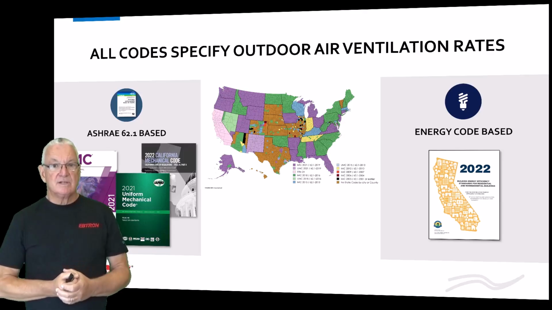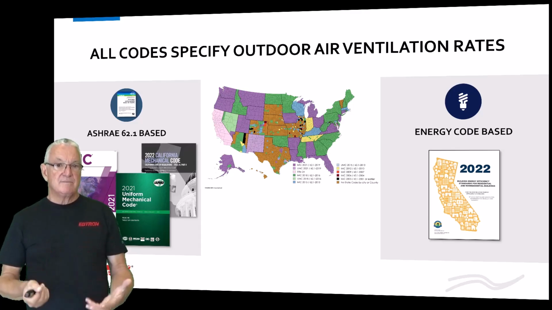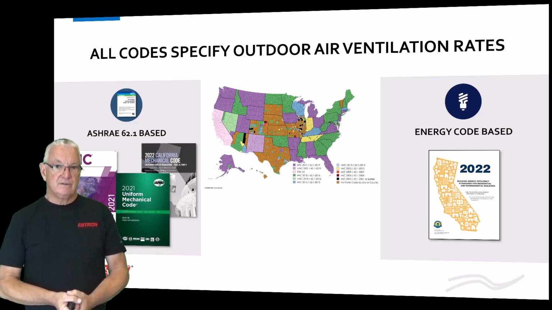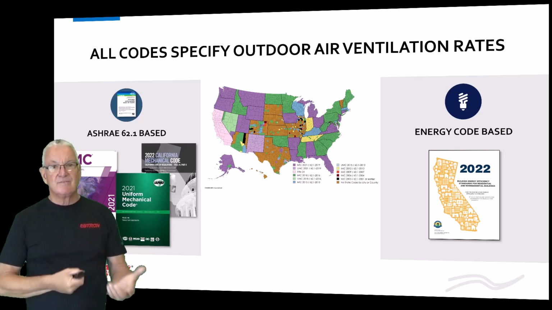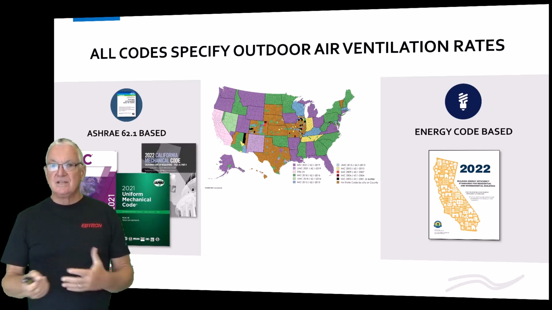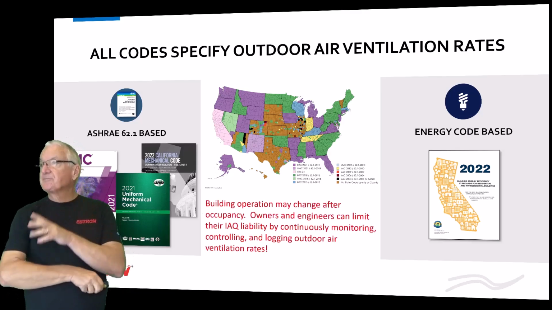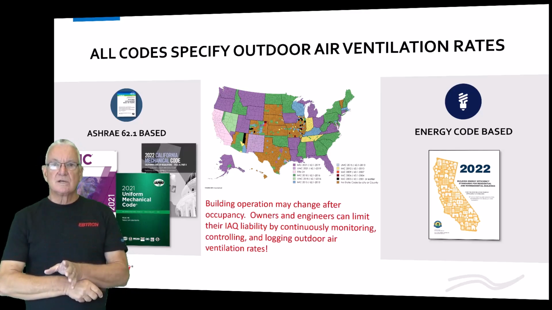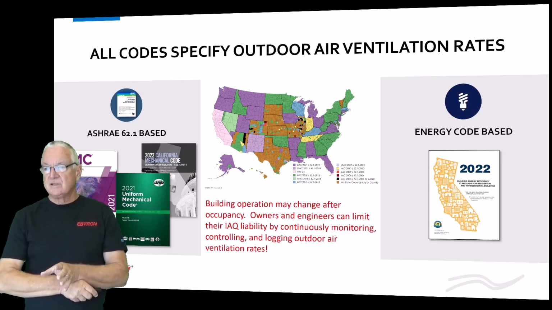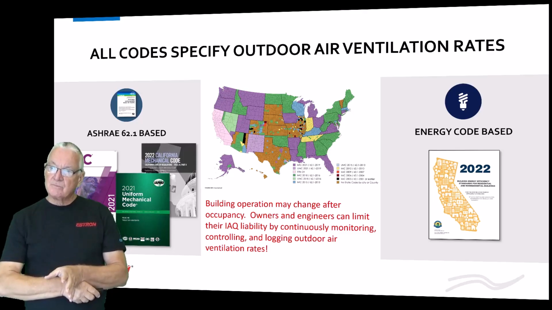The real driving difference is the ventilation rates required. So, to me, it doesn't matter. And then you have states that have their own codes, but they're just variants of one of these two codes, okay?